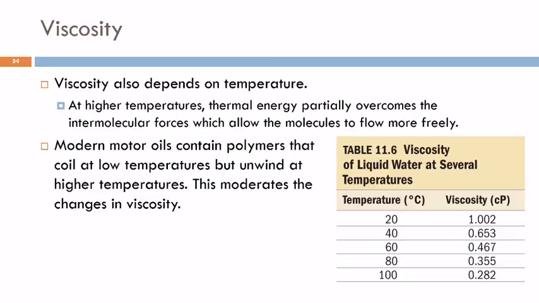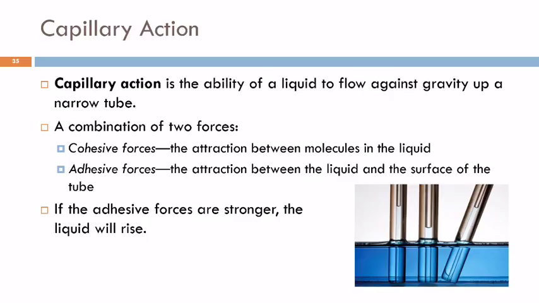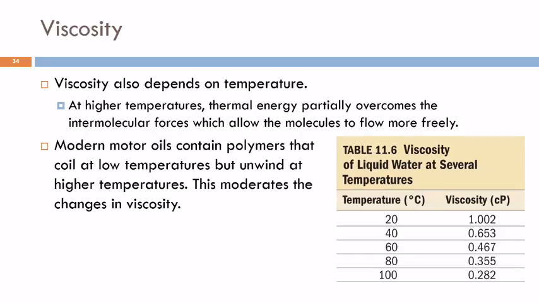Viscosity depends on temperature. I don't have any pictures of viscosity. Think of honey versus water. Which one pours more easily? Water, right? Honey's thick. It pours really slow, because the forces that are holding those particles together are stronger.